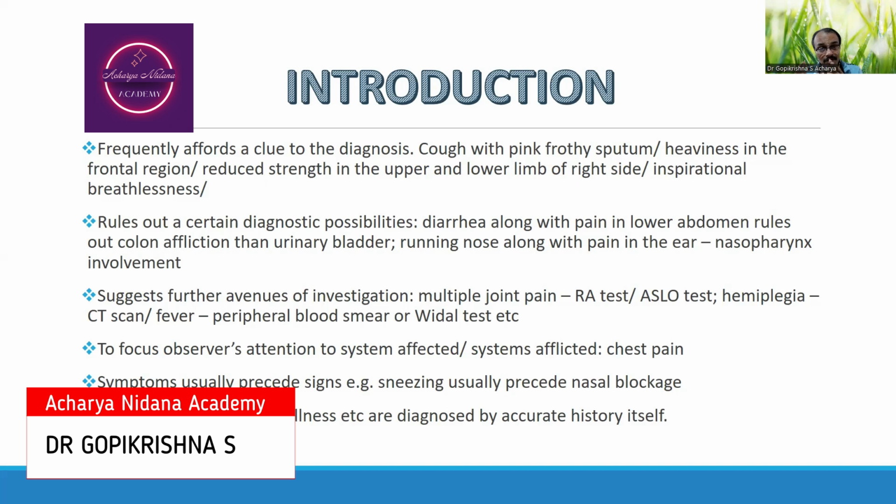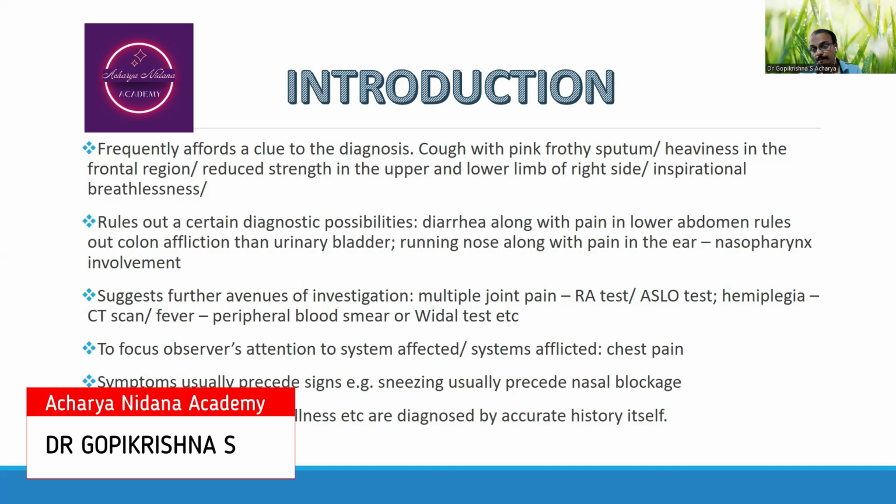Suppose the person is having joint pain of a fleeting nature, in that situation the laboratory investigation performed will be the ASLO test, that is the anti-streptolysin O test. In this way, it helps us learn what kind of investigation has to be performed.